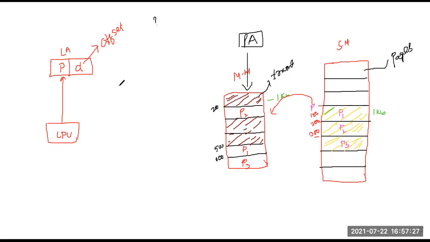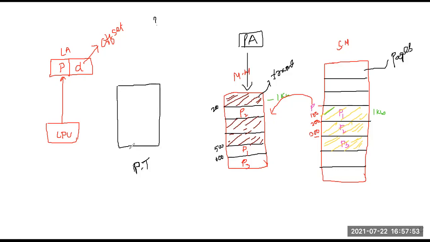So I will take a data structure in between the CPU and the memory, which is called the page table. The page table is simply a data structure, that means it is a logical implementation.